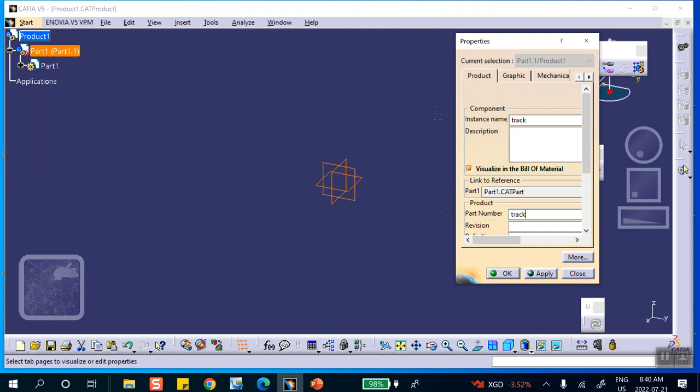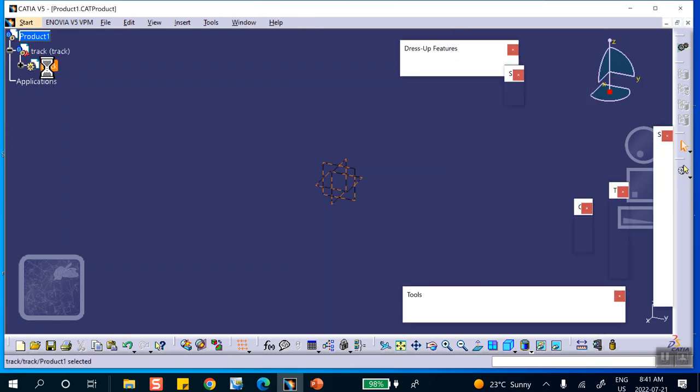Because if I want to debug my joints later on, and if you don't give it a meaningful name, it says prismatic joint between part 1.1 and 1.2, or something like that. But if I call it track, it says prismatic joint between the block and the track. Without changing the instance name, that's not going to happen. Well, as long as you can do it, no problem. Up to you.